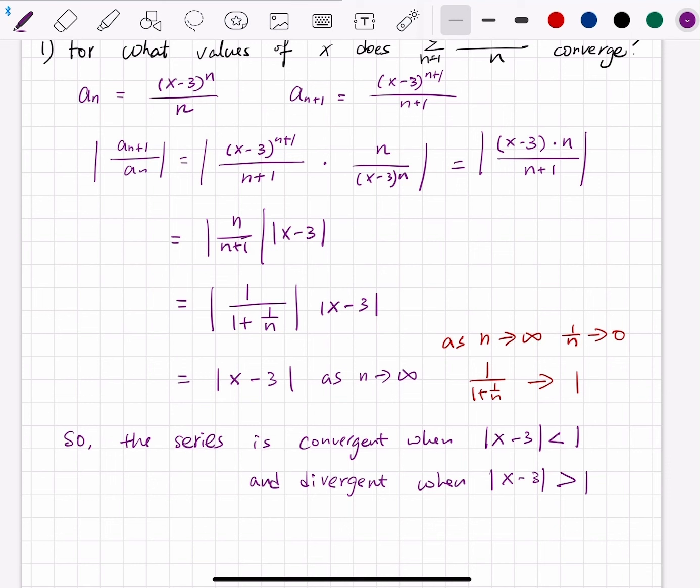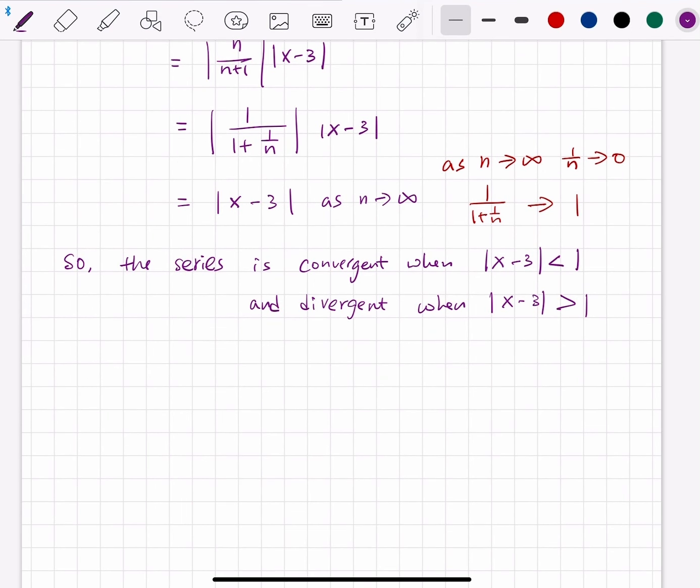And we are looking for the convergent piece. Now we can use some algebra. So convergent means the absolute value of x minus 3 is less than 1. That means x minus 3 is going to be between -1 and 1, and x is going to be between 2 and 4.